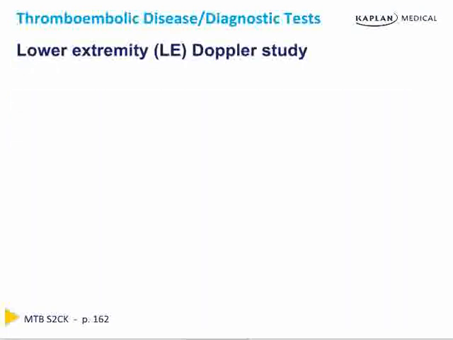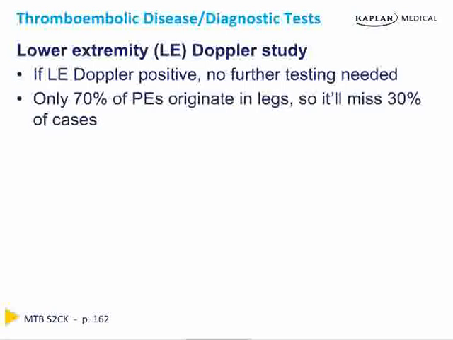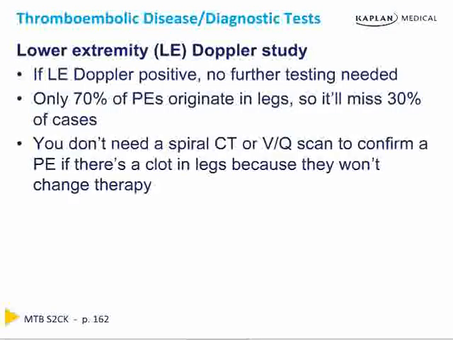For a patient in whom you suspect PE, another possible test is the lower extremity Doppler study. If you suspect PE and you have a positive lower extremity Doppler study, no further testing is needed. However, remember this: only 70% of PEs originate in the legs. So, you're going to miss 30% of cases if you do a Doppler study alone.